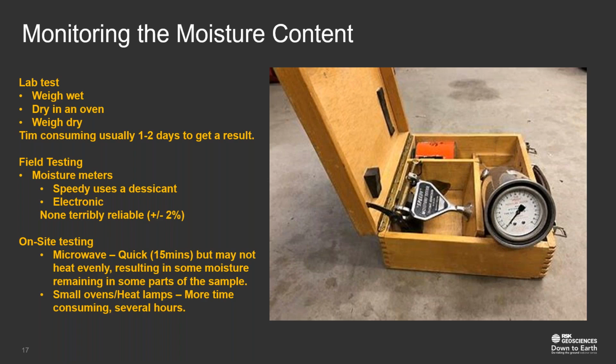You can cook some parts of the sample so that it's rock hard, whereas other parts can still retain some moisture. So care does need to be taken with this approach. But again, you can get a result back on the day and give a yes or no potentially to your material. So they're worth doing.